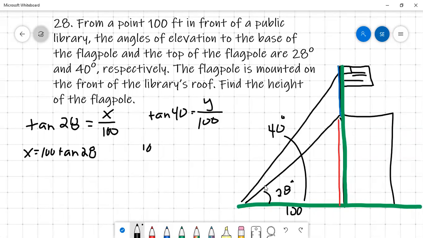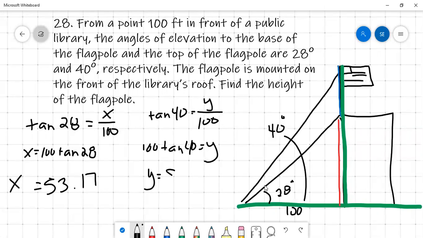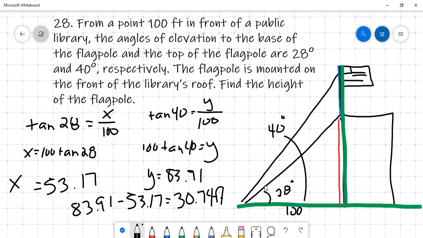So again, 100 tan 40 is equal to y. So if we do these calculations, x is equal to 53.17 and y is equal to 83.91. So the height of the flagpole is just 83.91 minus 53.17, and that is equal to 30.74 feet.